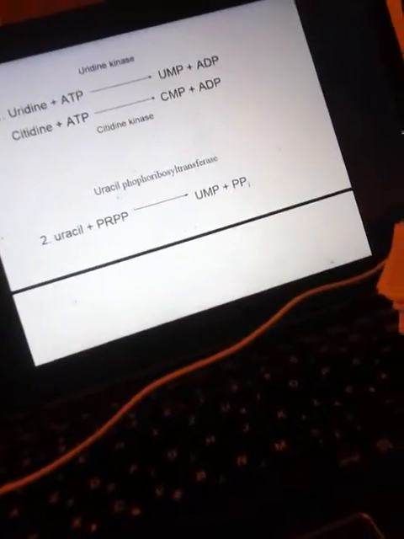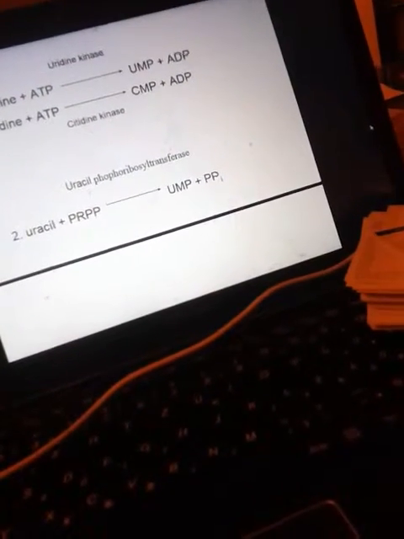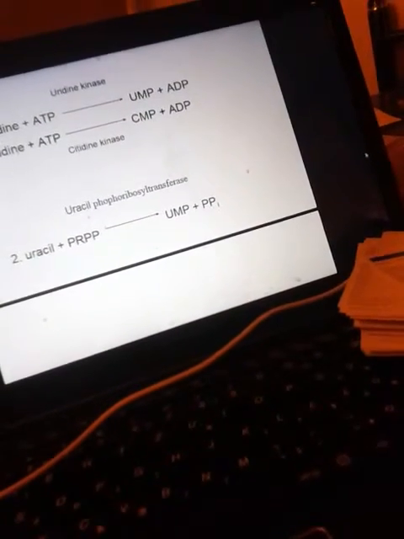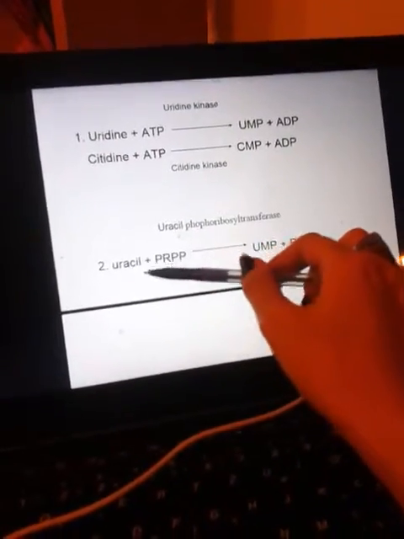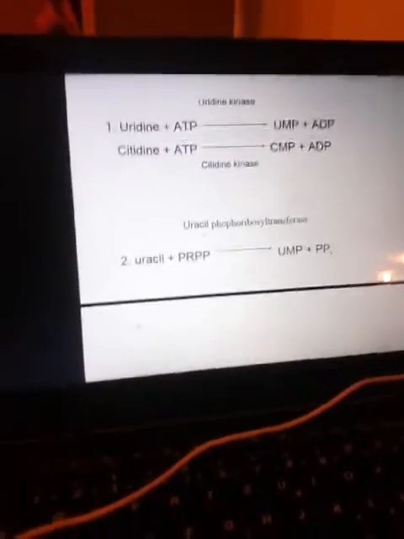Uridine, cytidine, uracil. What is the difference between uridine and uracil? Uridine is a nucleoside with ribose. Uracil is just a pyrimidine ring. See, if I draw it, one pyrimidine, double O, amine, and here and here.